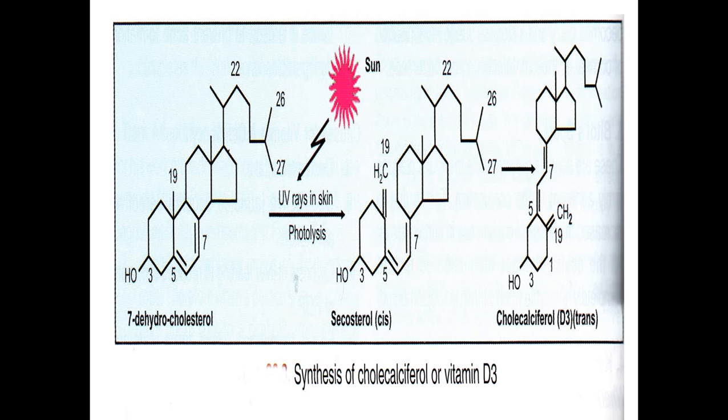When UV rays from the sunlight fall on the skin, this 7-dehydrocholesterol is converted to a compound called secosterol, which is further converted to cholecalciferol. This cholecalciferol is nothing but vitamin D3, the active form of vitamin D.